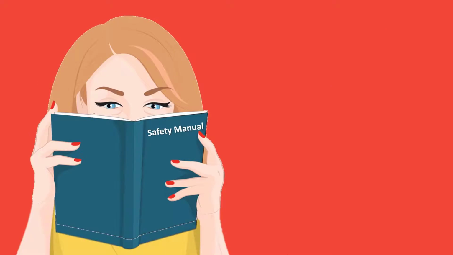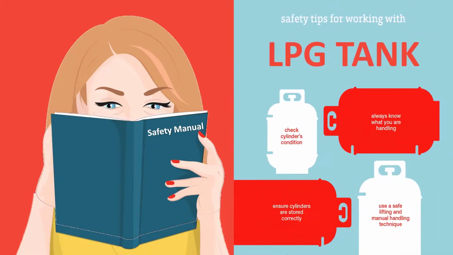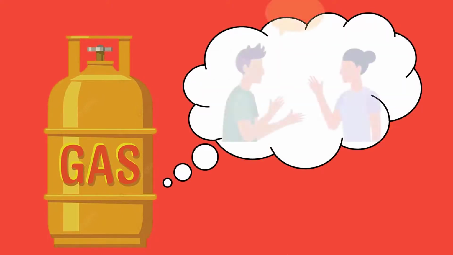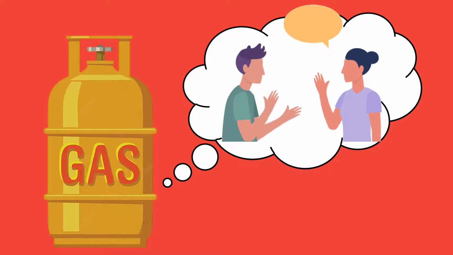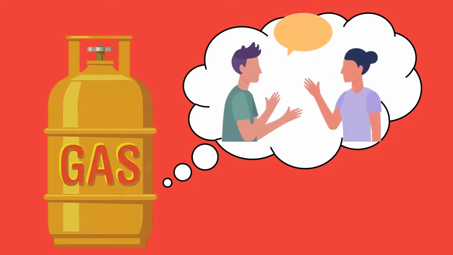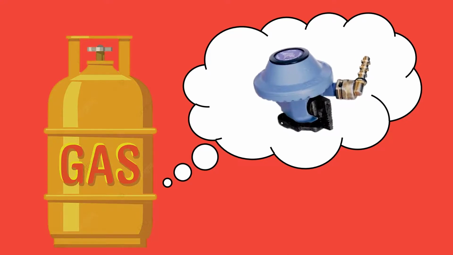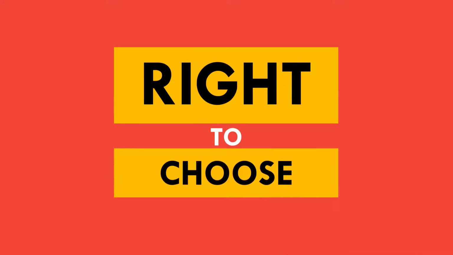Suppliers and dealers must inform consumers about the safety precautions to be taken while using the products to avoid loss or injury. So let's go back to our example. The LPG supplier should inform the consumer to stop the flow of gas with the help of a regulator when it is not used.